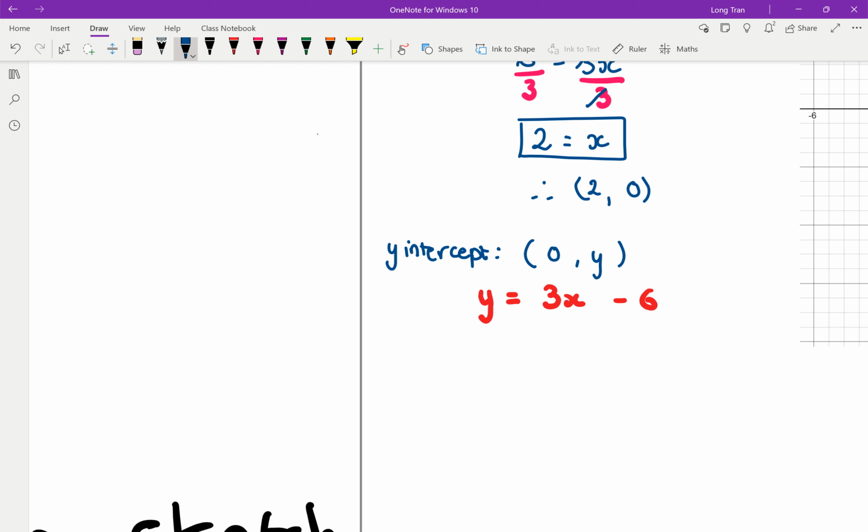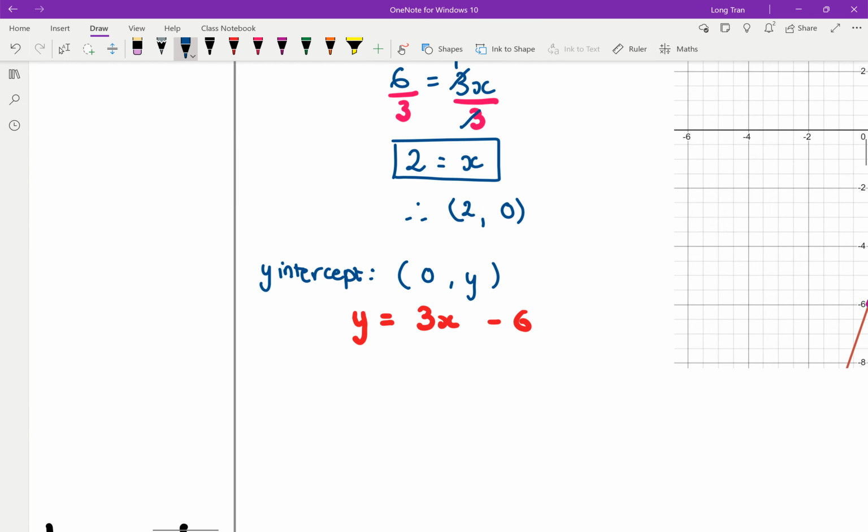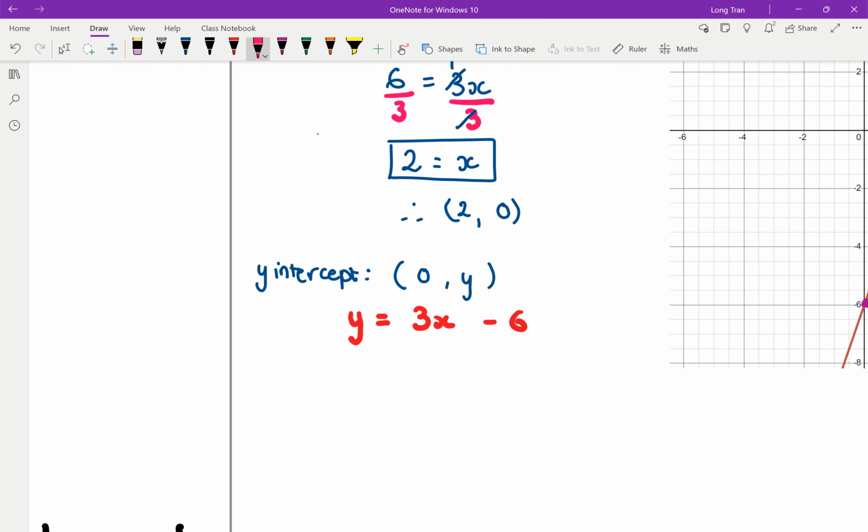Remember the x coordinate goes with x, y coordinate with y. So this gives me y = 3 times 0, and then minus 6.